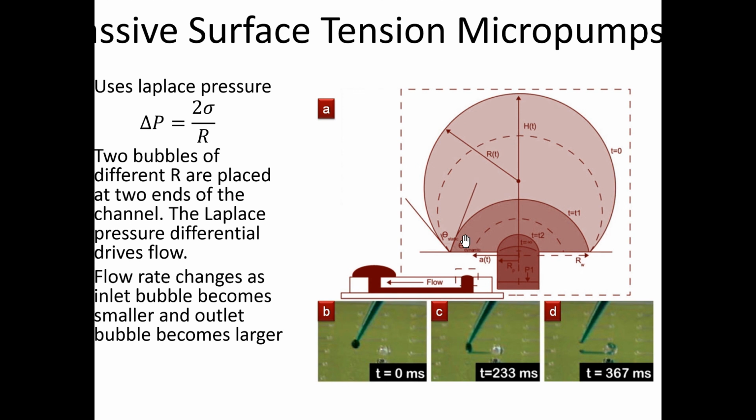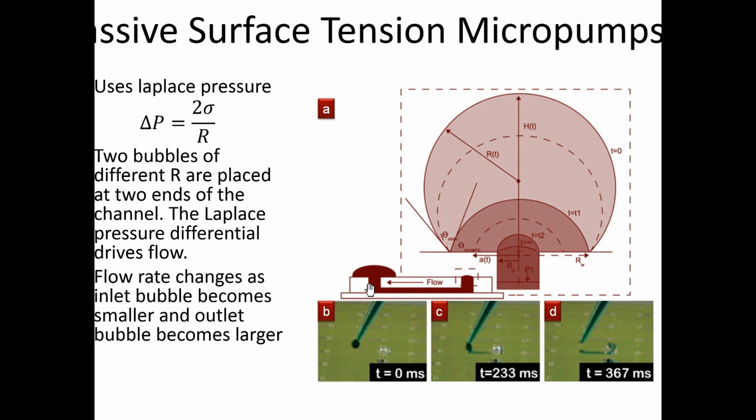Now, if you were to analyze the system in more detail, you'd also have to include the hydrostatic pressure of the liquid in this column versus this column. There's a certain hydrostatic pressure due to the weight of the water, and the formula for it is rho g h, the density times the gravitational constant times the height.